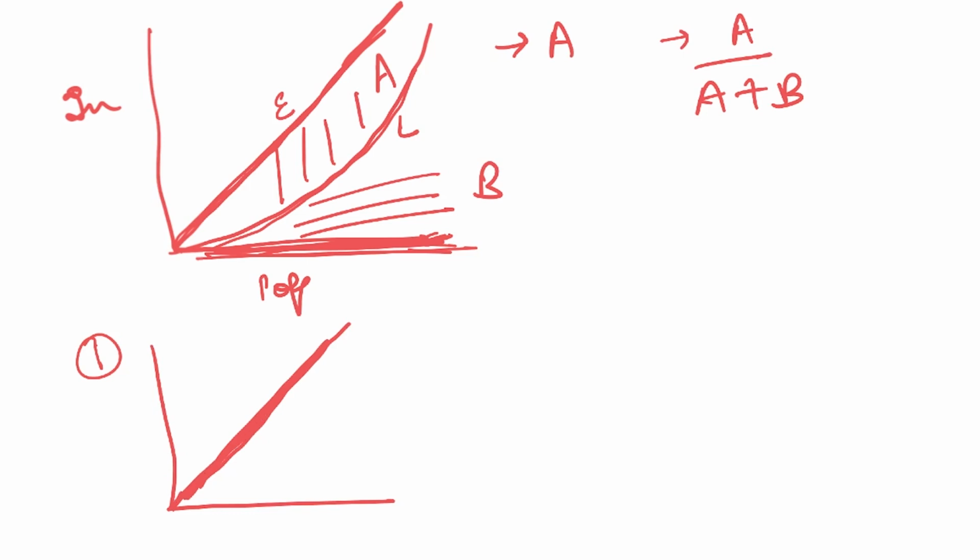So 0 divided by 0 plus B will be 0. This shows perfect equality.